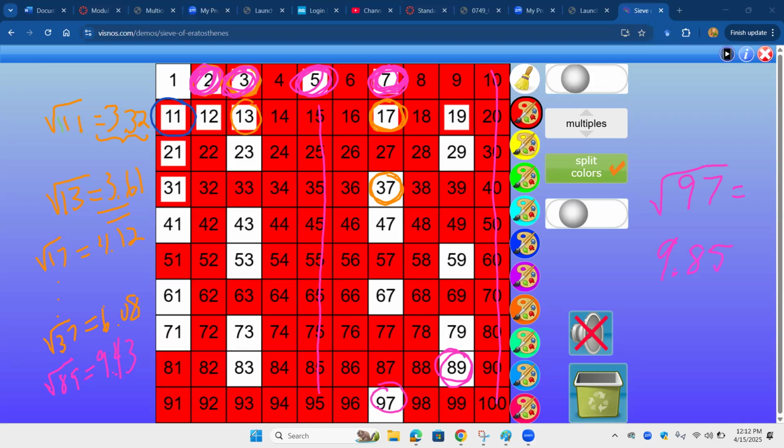All the multiples of 7 are harder to find: 7, 14, 21. I don't think there's a real clear pattern. Well, maybe 21 and then 28, 35.